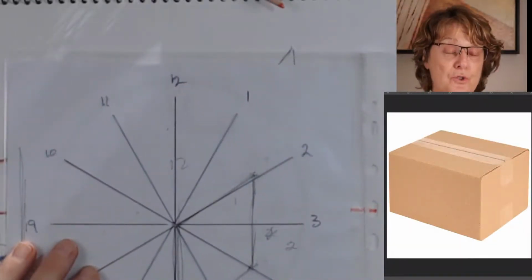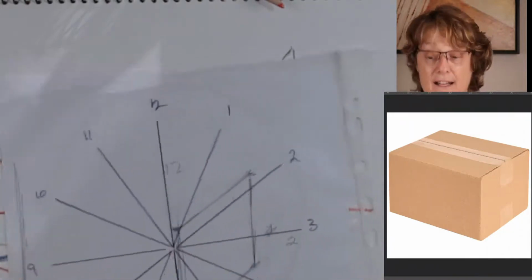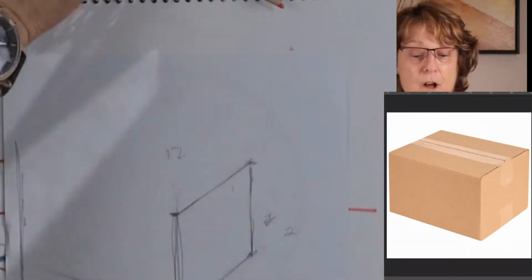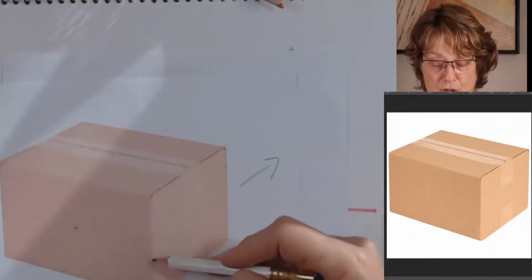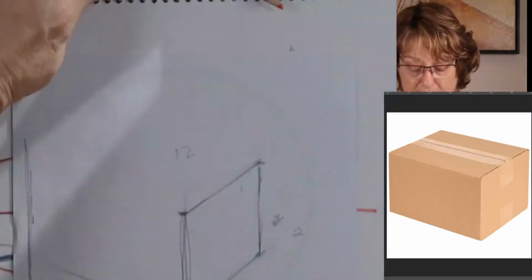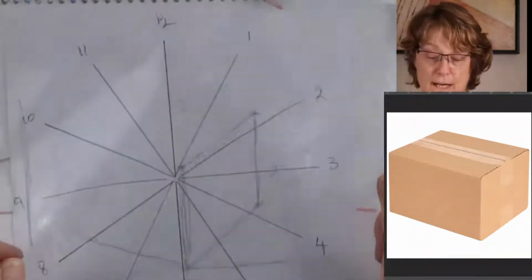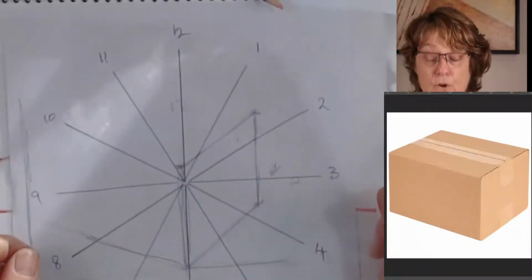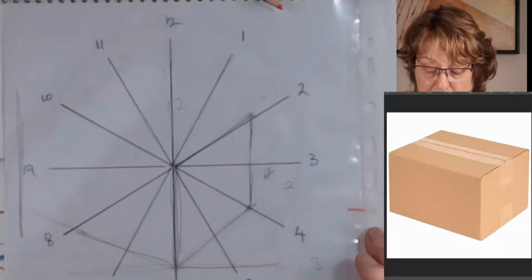It does work. So you use a combination of measuring the sides, knowing that the back furthest away vertical is shorter than the front vertical, and having a look with your clock face tool to check that these angles are correct.